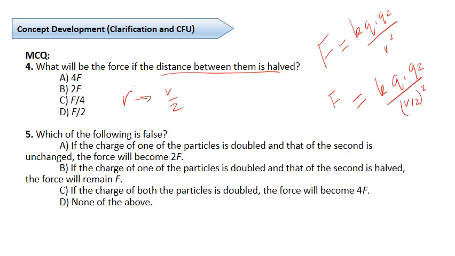And what will happen when we square this is the numerator will stay the same. However, now all of a sudden we have R squared on 2 squared. Now rearranging this means that 2 squared is 4, and our force will increase by a factor of 4.